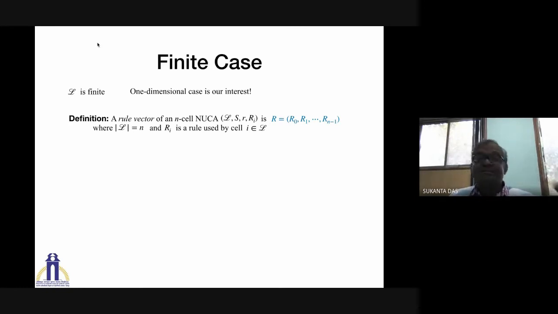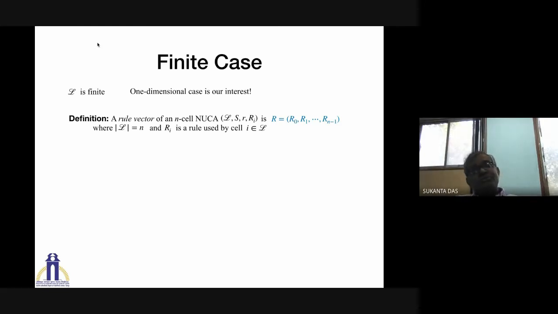So in case of non-uniform CA, almost all works consider one-dimensional finite CA.